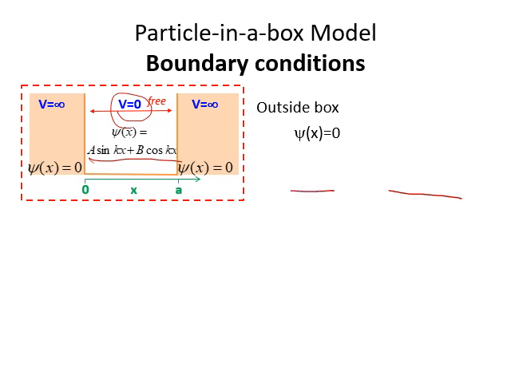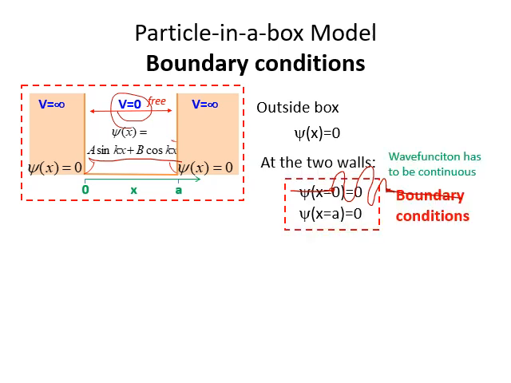Now inside it's sine, cosine, so it can be something like this, but at the two ends it must go to 0 because the wave function is continuous. So if it's 0 everywhere outside, at the two ends it must also be 0, and this is called the boundary condition. At the two ends the wave function goes to 0.